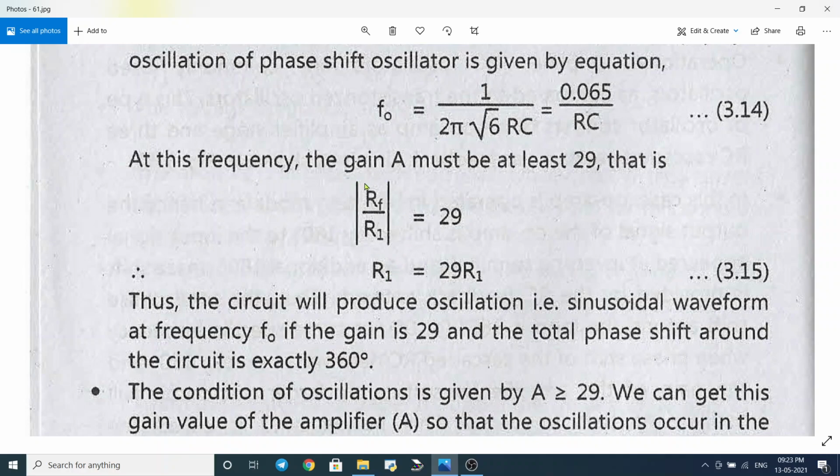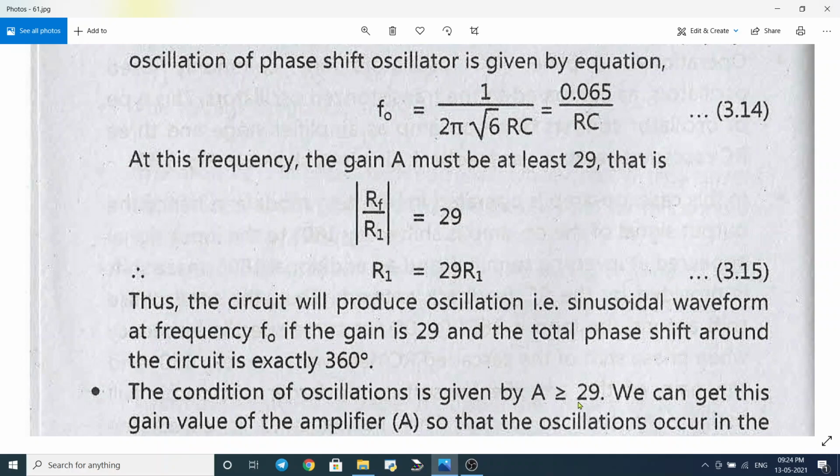So the gain is decided by the voltage gain of the inverting op-amp. We know the voltage gain of an inverting op-amp is given by Rf upon R1. It should be 29. So to get the gain 29, what we have to do? We have to take Rf, this is a printing mistake, Rf equals 29 times R1. So remember this also.